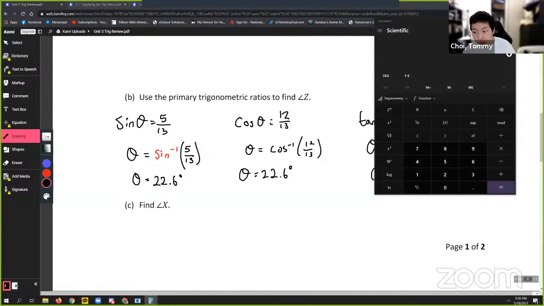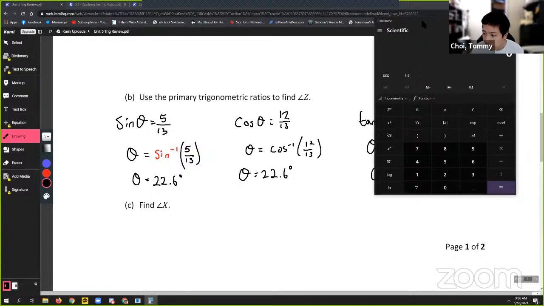So be careful with your typing. If you did sine and it worked, then check what you typed in. So if the sine one worked, just try it again for the cosine one. It should work. If you get the wrong answer for both, there might be something different on your calculator.